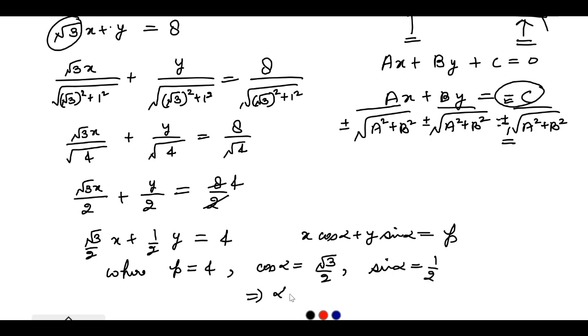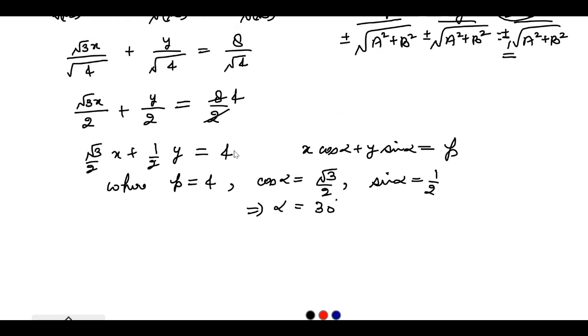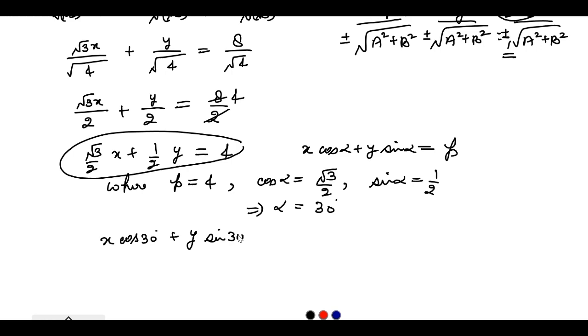Means alpha is equal to 30 because cos 30 is under root 3/2 and sin 30 is 1/2. So you can write this equation in the form x cos 30 plus y sin 30 is equal to 4. Now length of perpendicular is p and alpha is 30.